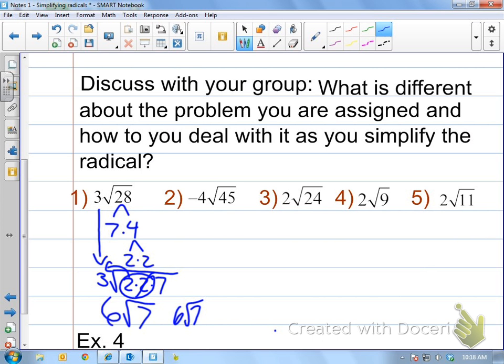Diana, what did your table get? Okay, so you got that this was 9, 5. Did you get any further past that? What did your table get as your final answer for number 2?